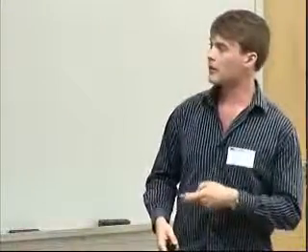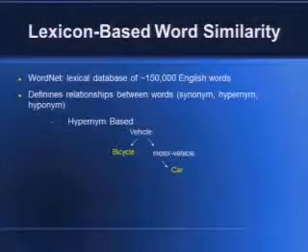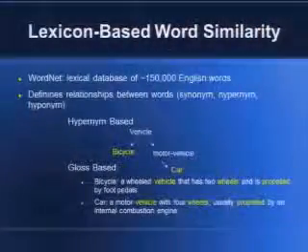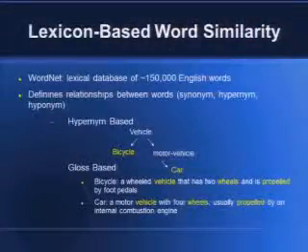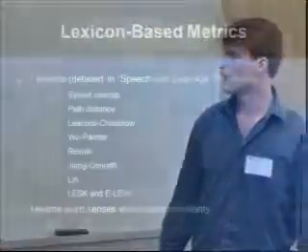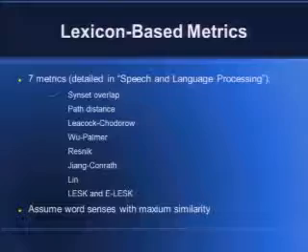The hypernym-based lexicon word similarity metrics are based on hypernym trees and are various metrics based on how far apart words are in this tree, based on height and path distance. And then the other class is gloss-based ones, which are based on word overlap in the definitions of the words in this database. So these are the 7 lexical ones used.